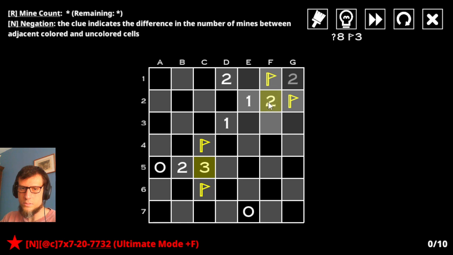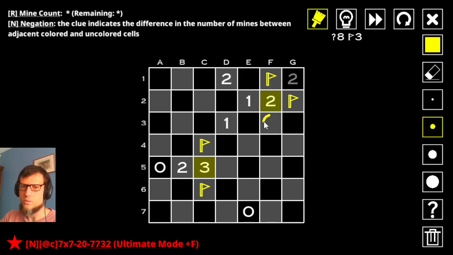Alright. This needs to be balanced from here, but... Okay, there's a way for that to happen. Oh, okay. Alright, so if I assume this isn't a mine, then this 1 needs to have something off balance.